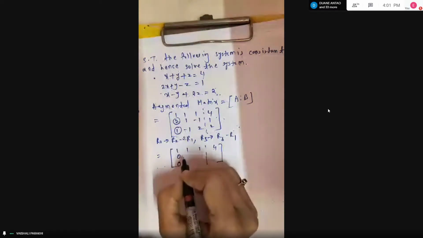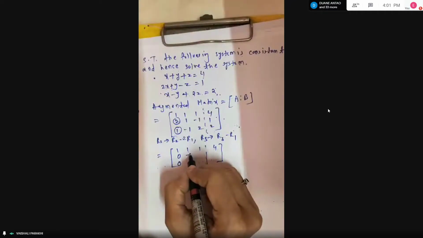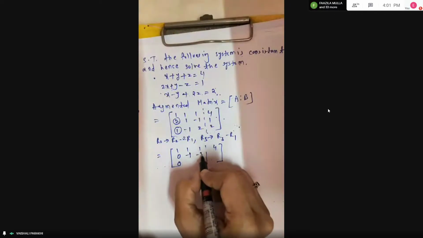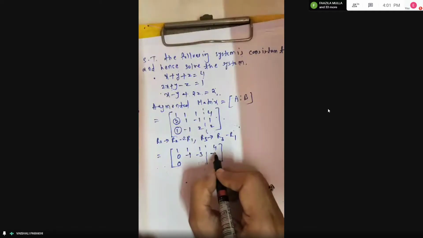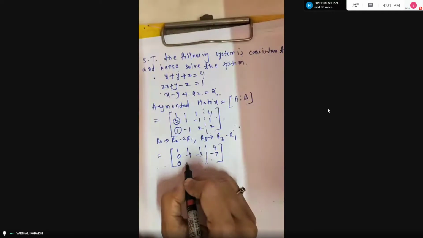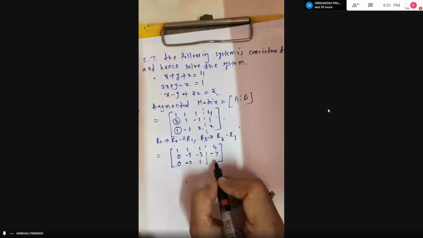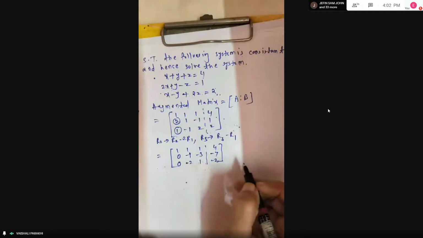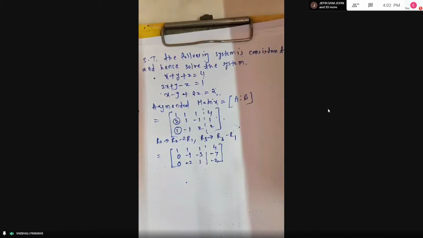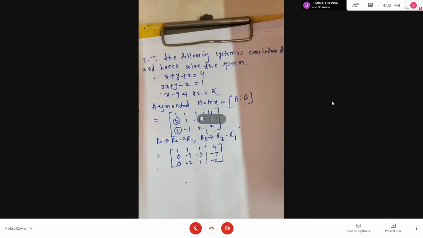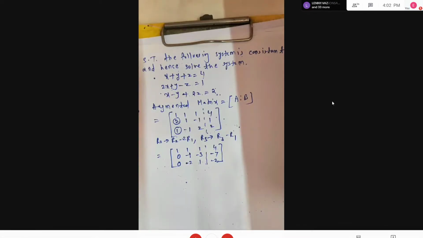Tell me. 0, minus 1, minus 3, minus 7. And 0, minus 2, 1, minus 2. Very good. See whether all are getting this. If anybody is facing any problem in getting these numbers, you can tell me. I'll show you the calculation. So it is very important to understand.